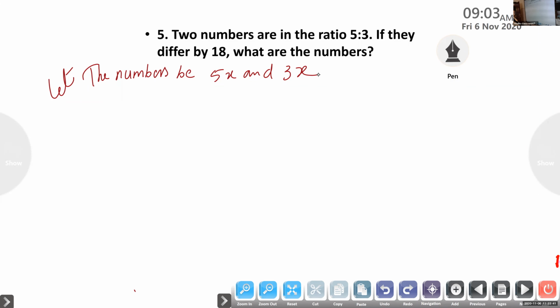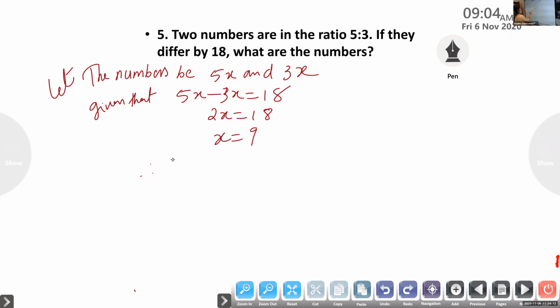So 5x minus 3x equal to 18. Now find x. 2x equal to 18, simple question it is. x equal to 9.